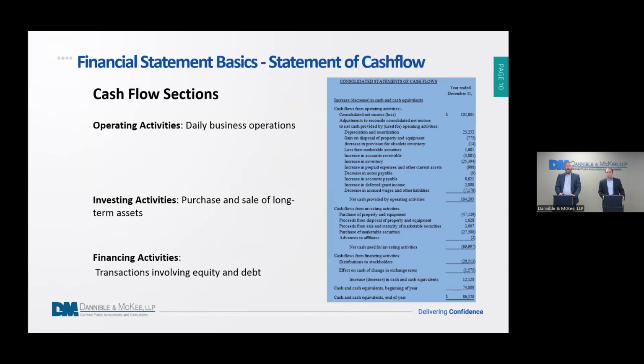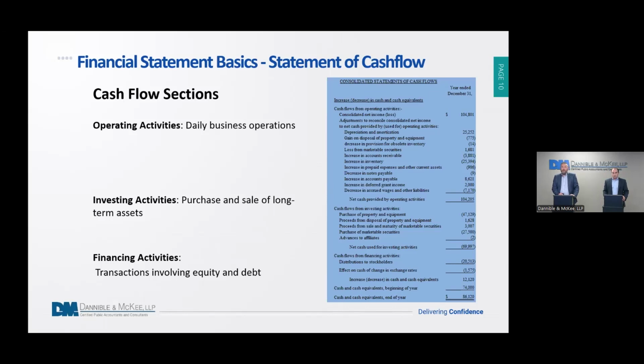Next statement, cash flow. Underutilized statement, not a lot of people really understand it. And we could do a whole webinar on it. But ultimately, this is a great statement that shows where your cash is going. In this period, it's for a whole year. But it's really important to look at.